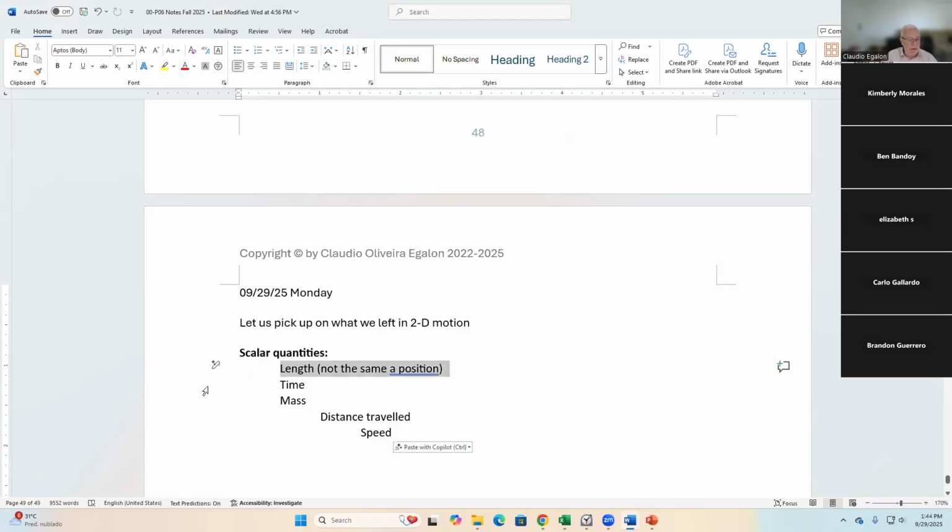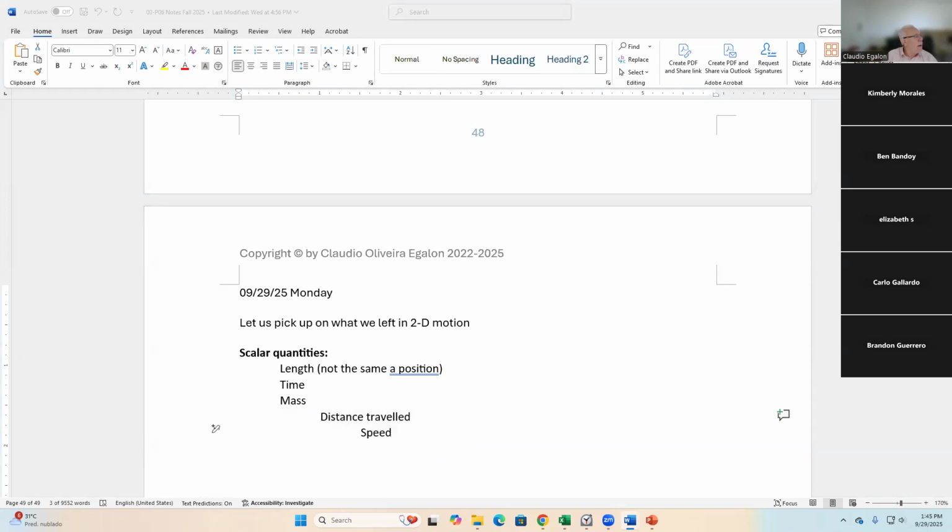Scalar quantities: length, time, and mass. Those are the basic quantities, 3 of the 7 basic quantities. And then we come up with 2 other quantities that are also scalar: the distance traveled and speed.